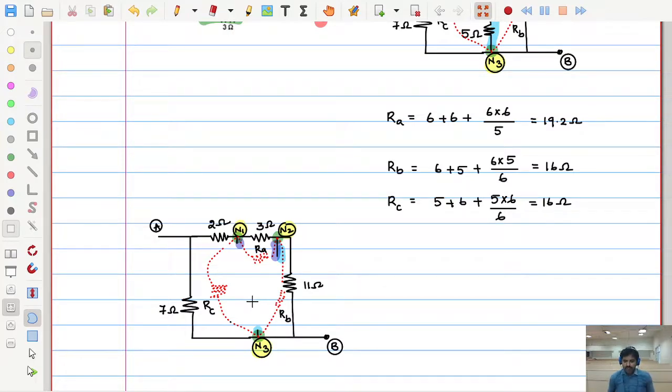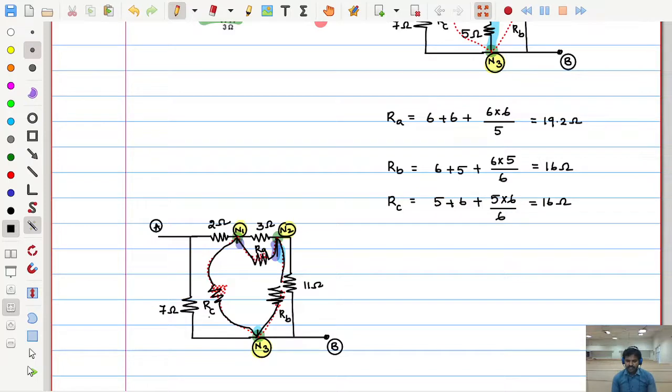Now RA, RB, RC, let us make it with thick lines. And this is RA, and this is our RB, RC.